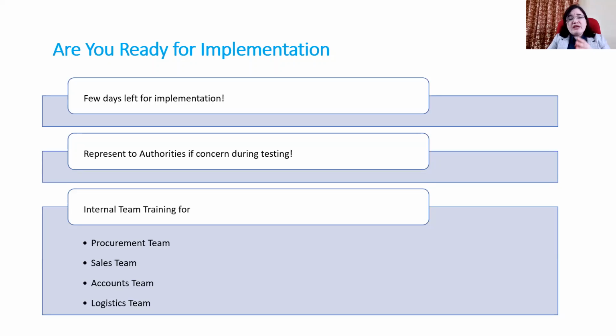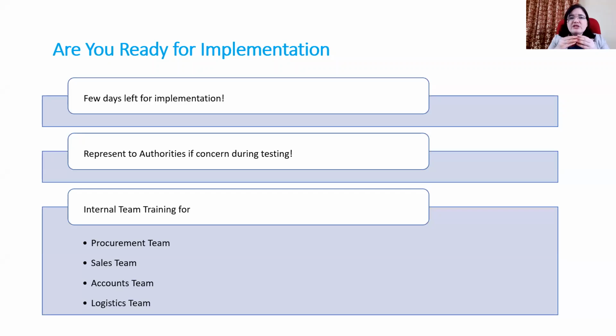Then during implementation, during sandbox testing, if you come across any concern, like your goods or HSN code is not there, or your schema does not contain the unit, let's say litre, the parameter you want to report, such changes can be done at this level.